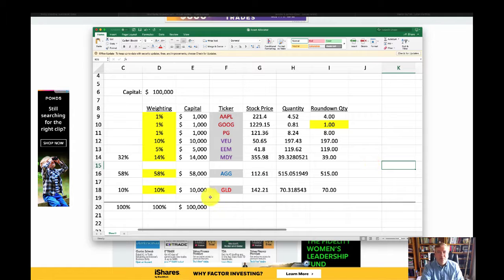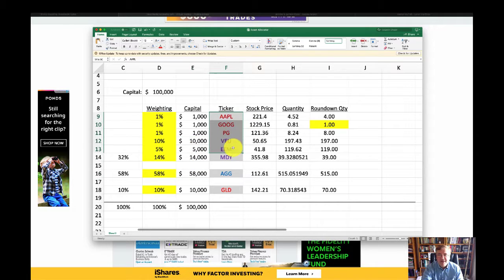All right, so there we are. Because we've rounded down these positions, we've actually allocated slightly less than $100,000. We haven't quite used up all our $100,000 in this case. And going forward, just keep in mind that if you would like to add more stocks to the portfolio, you can do that, but you're going to have to liquidate some of your other positions in order to do that.